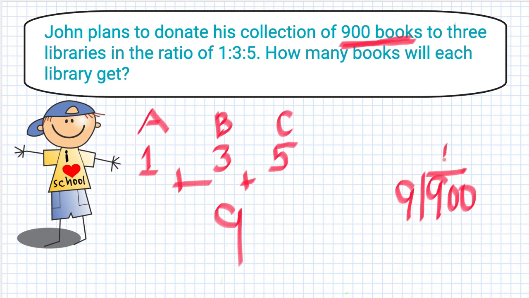I'll just make it the shortcut way. That will be 100, since 100 times 9 gives 900. What will we do with the quotient?